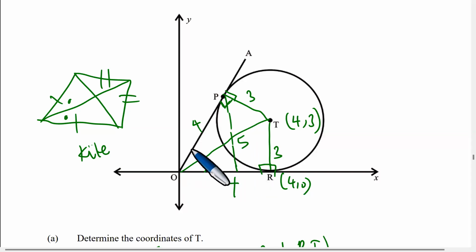Then you're dealing with this, so that the sine of POR is the opposite YP over the hypotenuse.